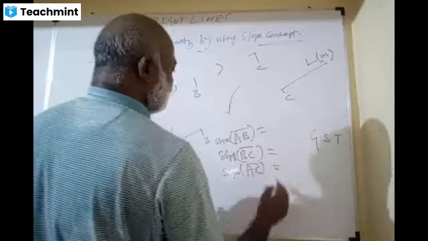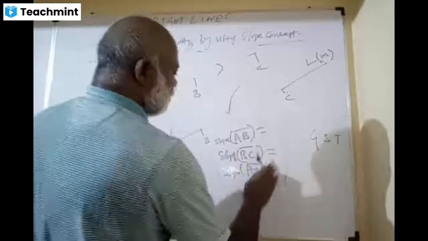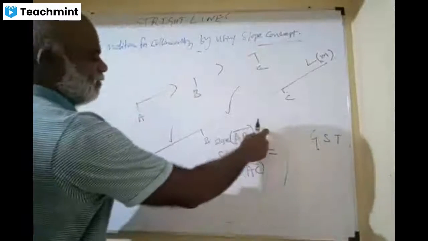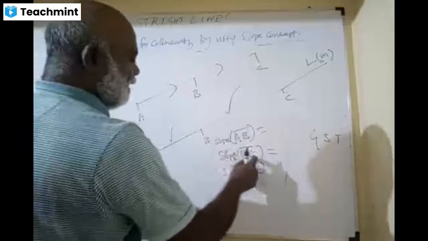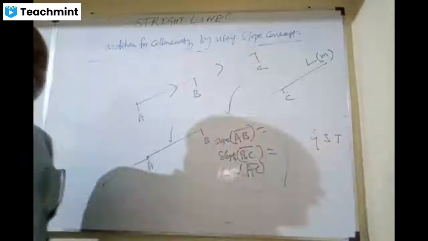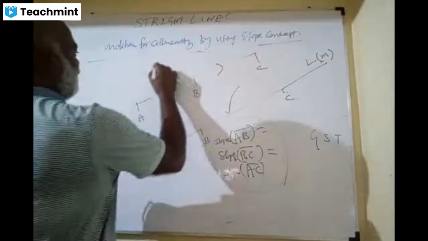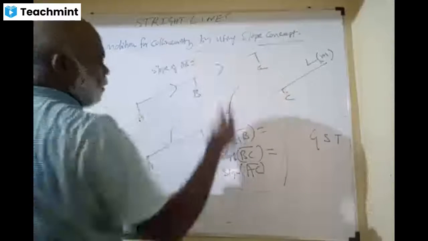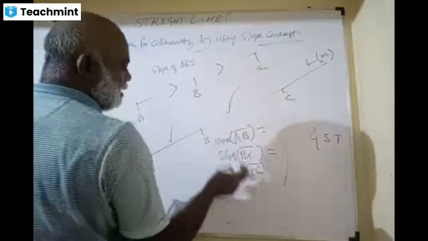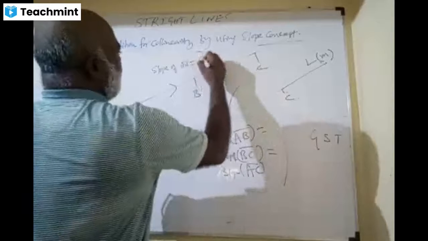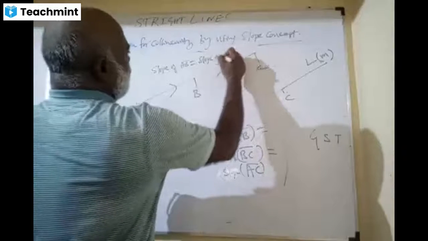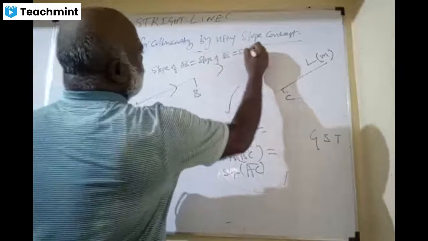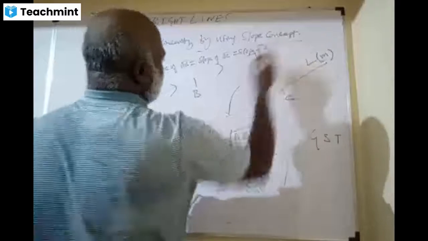Notice, this is the condition. I'll write it here: slope of AB is equal to slope of BC is equal to slope of AC.